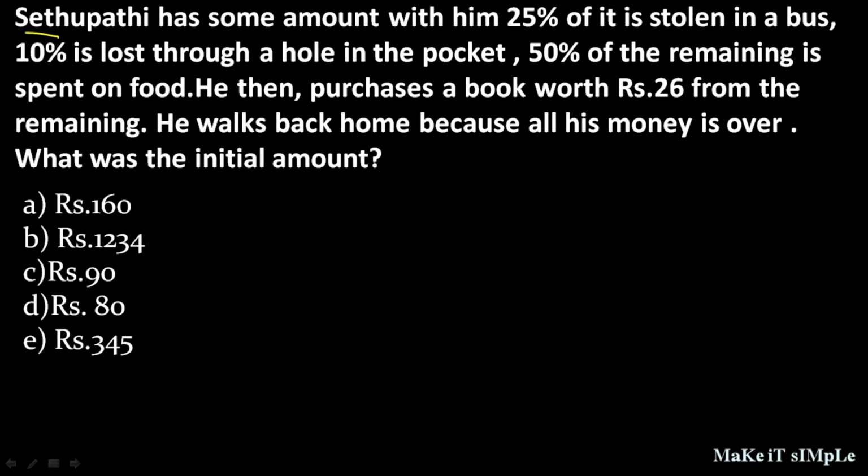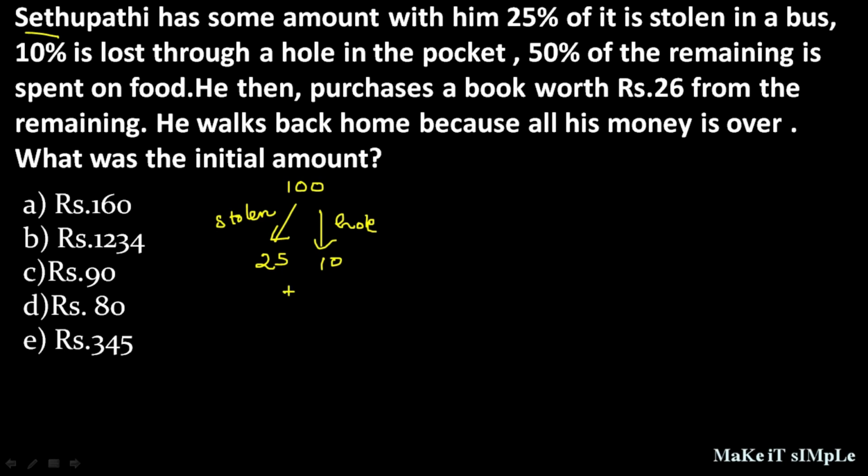So here first we have to assume the amount he had was 100. So from this, 25% is lost in a bus, okay, that is stolen. Then 10% is lost through a hole.